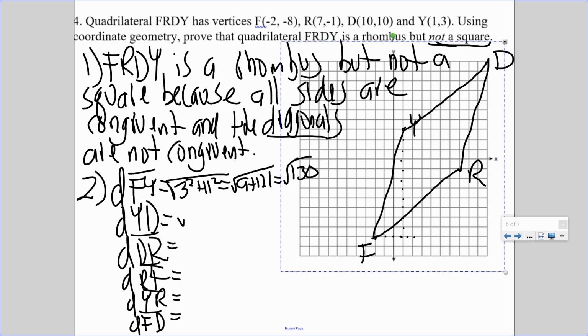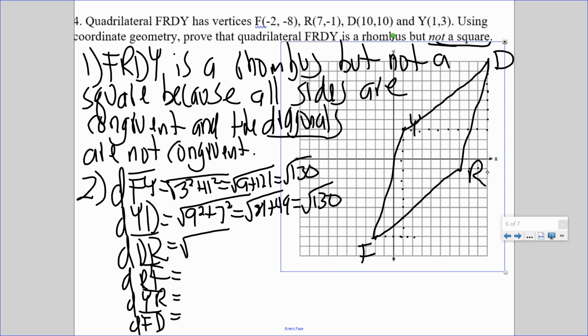That's 130. YD, the changes are 9 and 7. You might be saying, Mr. Schlansky, those aren't the same as 3 and 11. Well, 9 squared is 81, 7 squared is 49, 81 plus 49 is 130. The delta x and delta y don't have to be the same, it's just when you finish calculating the distance, it needs to be the same.